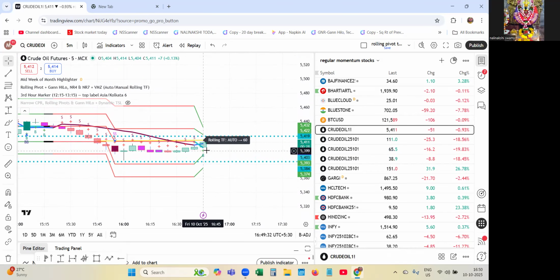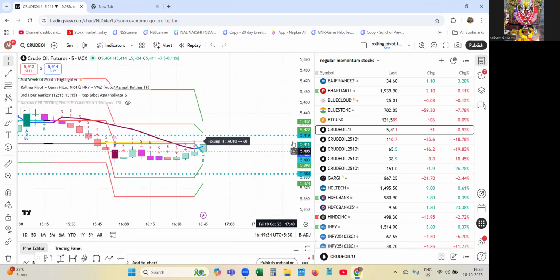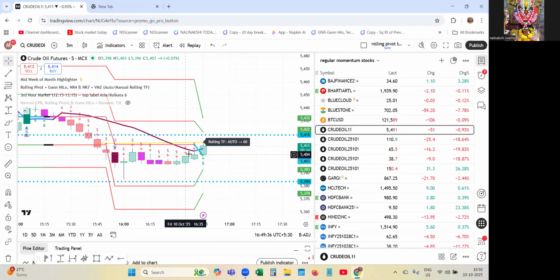If it crosses this pivot, a buy signal has been generated, but the pivot is not above the Gann Hilo. Price has to climb above the Gann Hilo and also the pivot to consider it a very good buy signal.